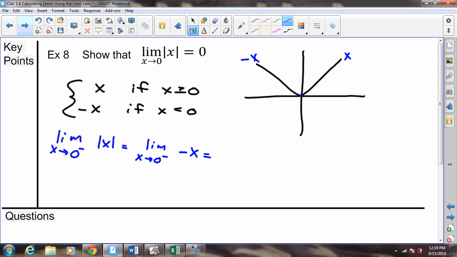And if we factor out the constant negative 1, we'd get minus 1 times the limit as x approaches 0 from the left of x, which is negative 1 times 0, which is 0.